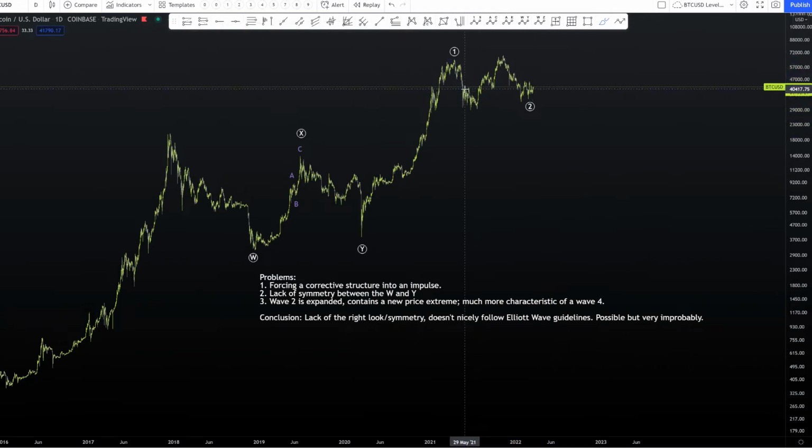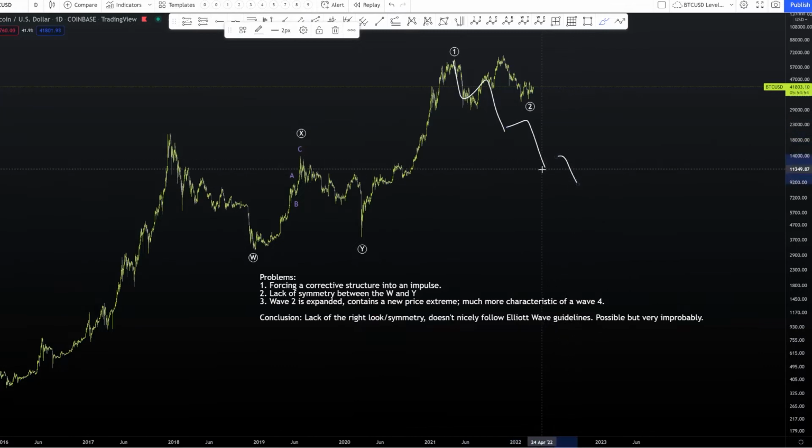However, wave 2s much more typically do not have these price extremes above the end of the previous wave 1. Much more often they are something like this, a zigzag for an ABC, or they could be a WXY, which may look like this, which could also be a double zigzag, in which case it would be ABC wave W, wave X, ABC wave Y.